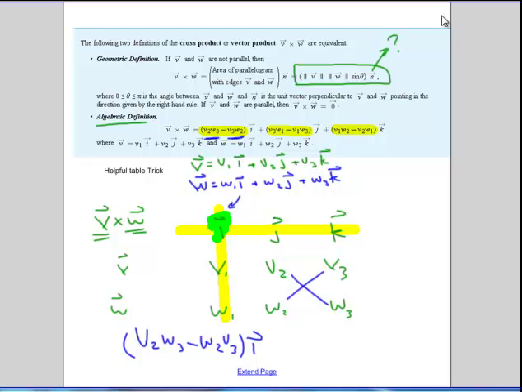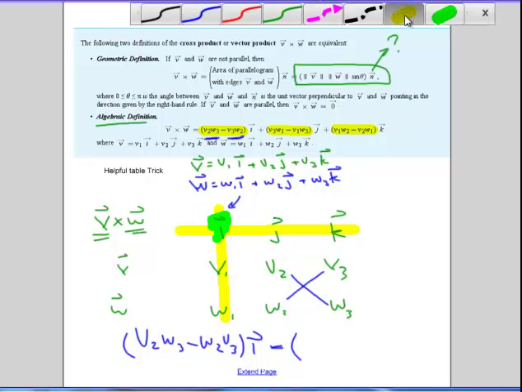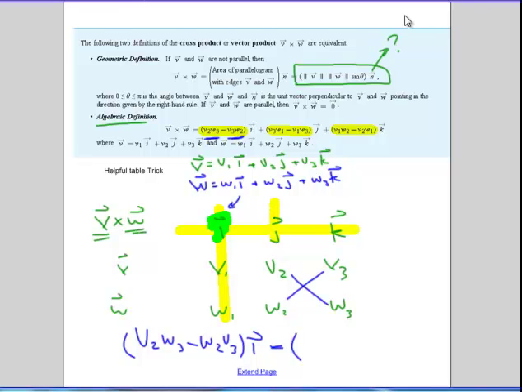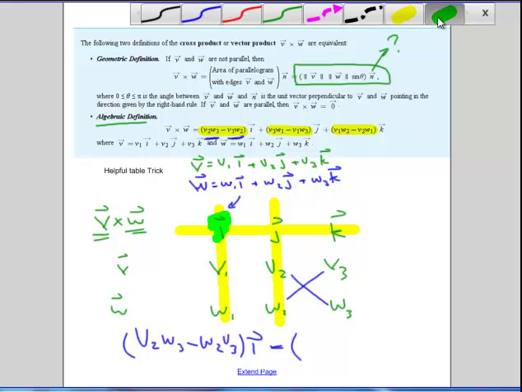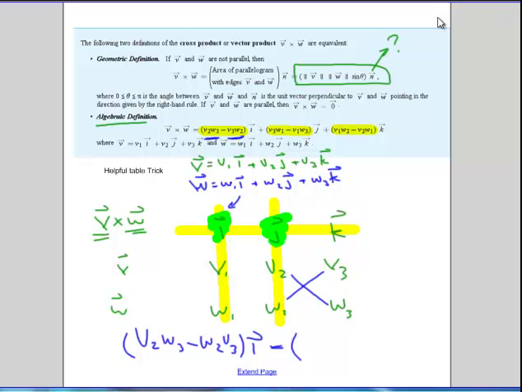And as we go across, it goes plus, minus, plus, minus. So then it's minus, parentheses. Now we're looking at the j column, so we're getting what j is.